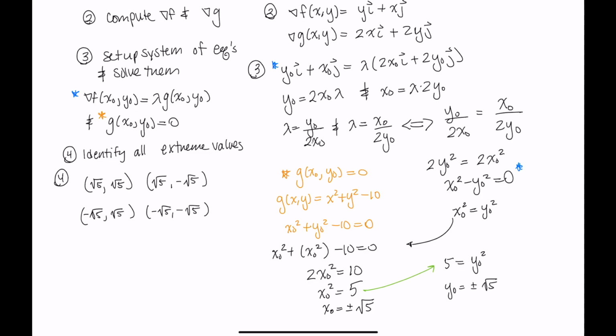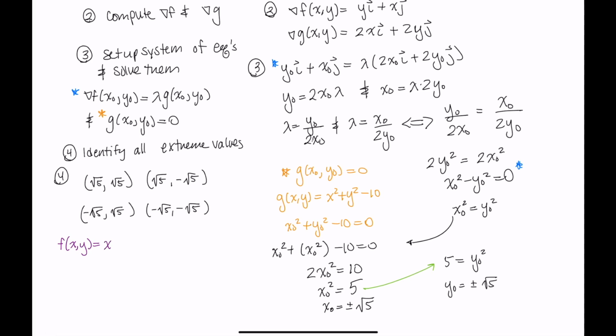Now I want to remember that our original function, f of x, y, was equal to the product of x and y. So if I put in root 5, comma root 5, I end up with the product of root 5 with itself, which is 5. If I put in root 5, comma negative root 5, I end up with the product of positive and negative root 5, which gives me negative 5.